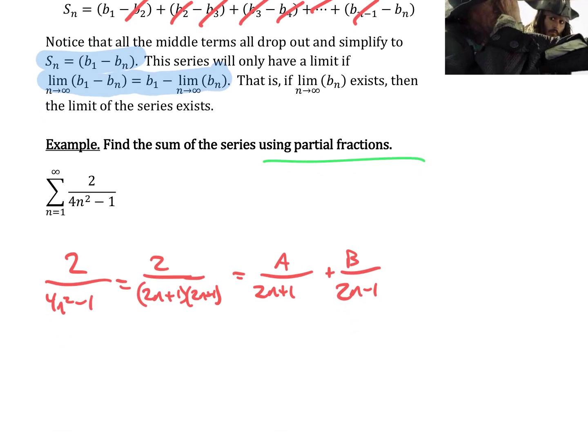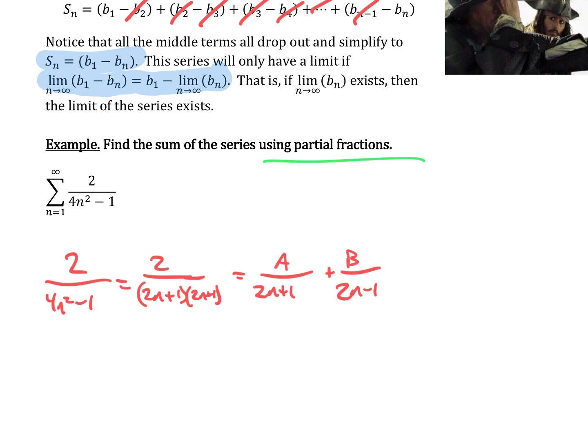So I'm going to take this and combine them into one fraction. That's the whole idea of partial fractions. I want to make this look like this form, and then we'll figure out what this A and this B are.